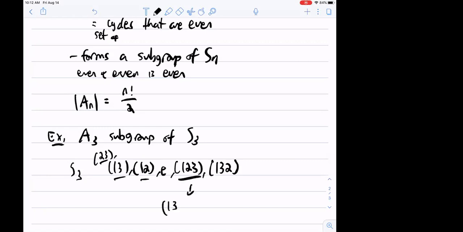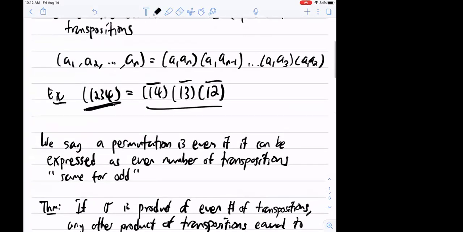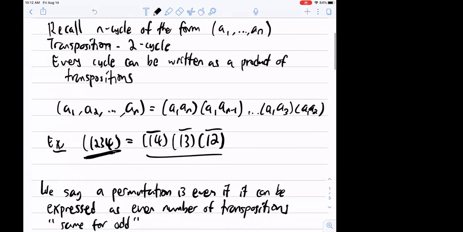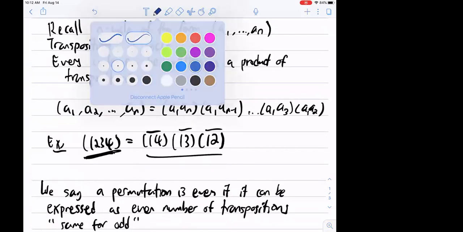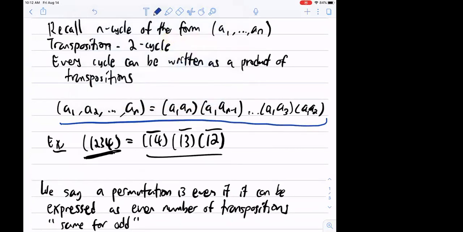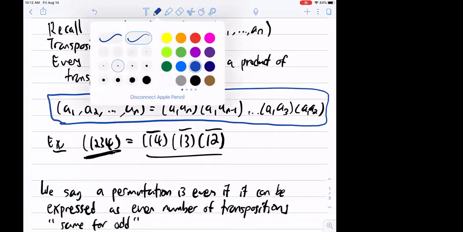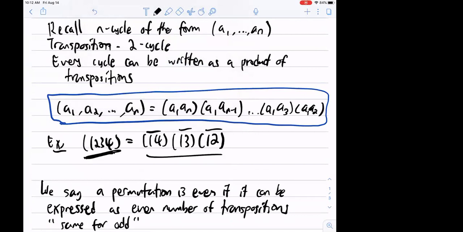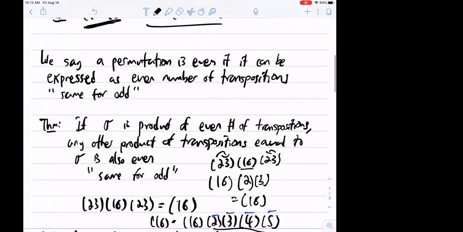This is even because it's (1 3) and then (1 2). This is even because it's (1 2) and (1 3). I'm using that formula I wrote above: I can express any disjoint cycle as a product of transpositions.